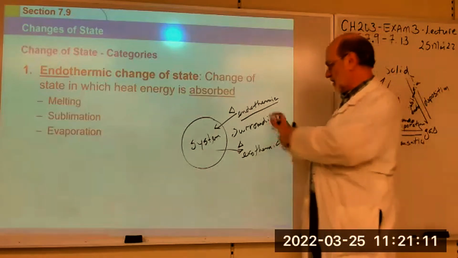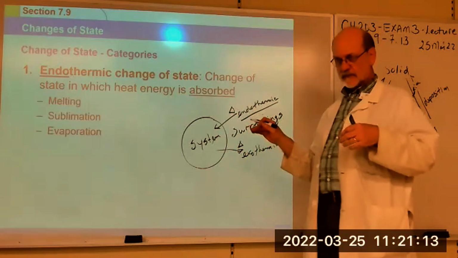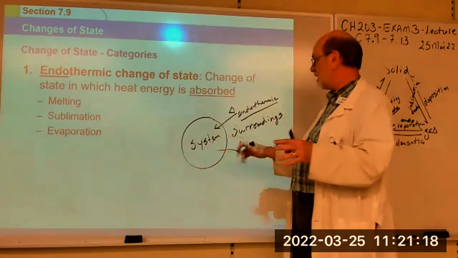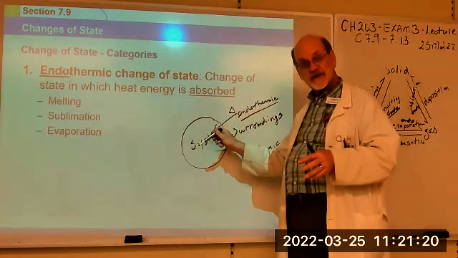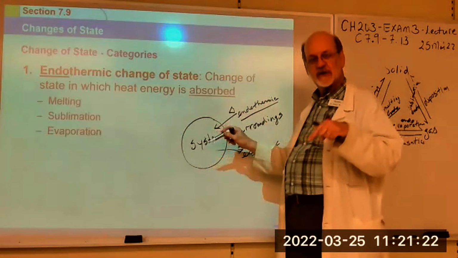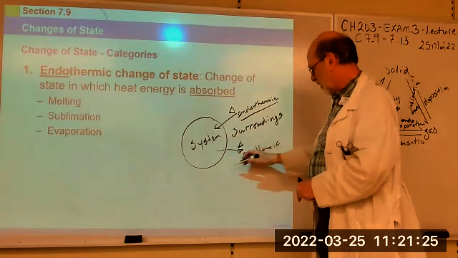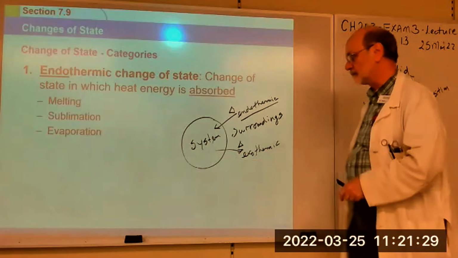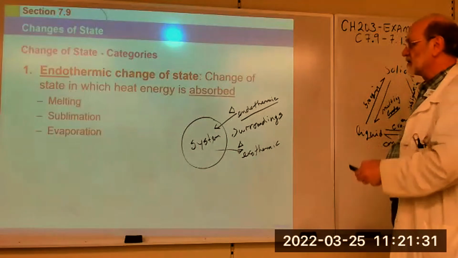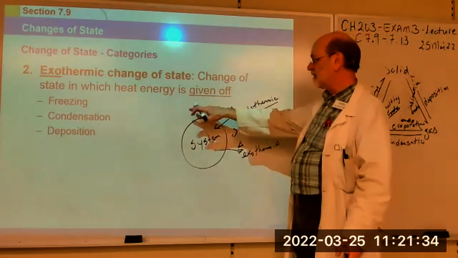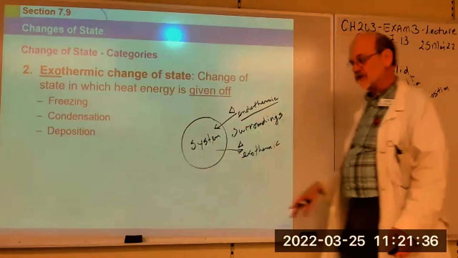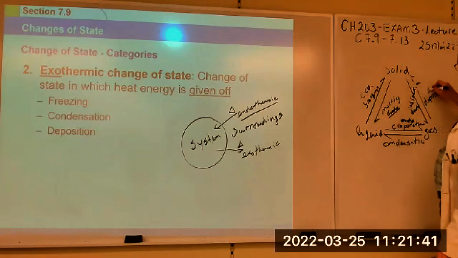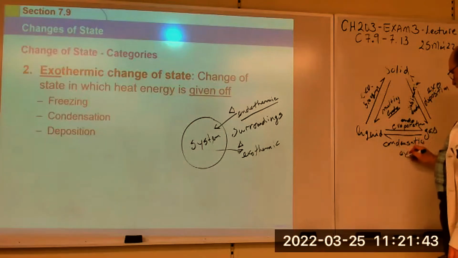And when we use this scenario, everything is always in terms of the system. What's happening to the system? Energy is entering the system, endo, meaning into, endothermic. Or exothermic, heat is leaving the system, exiting. Under those conditions, we have these: freezing, condensation, deposition. So this is exo, this is exo, and this is exo.